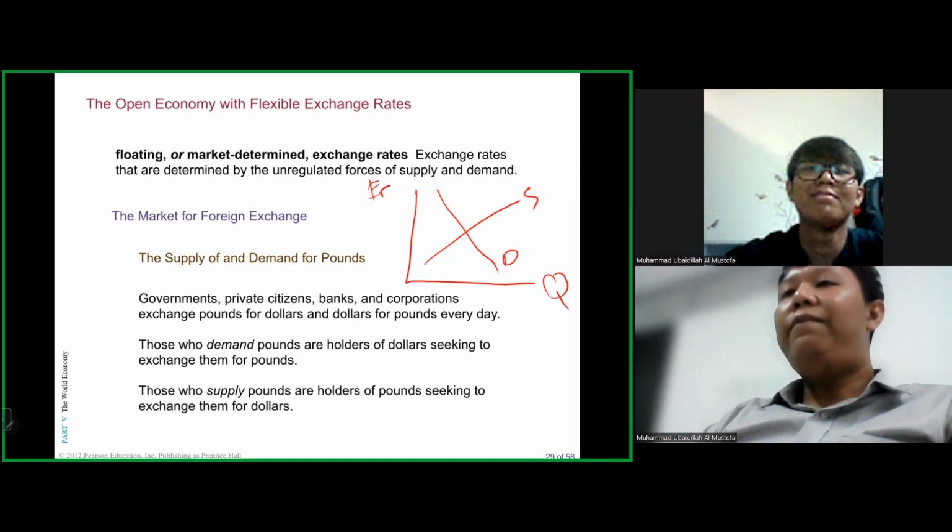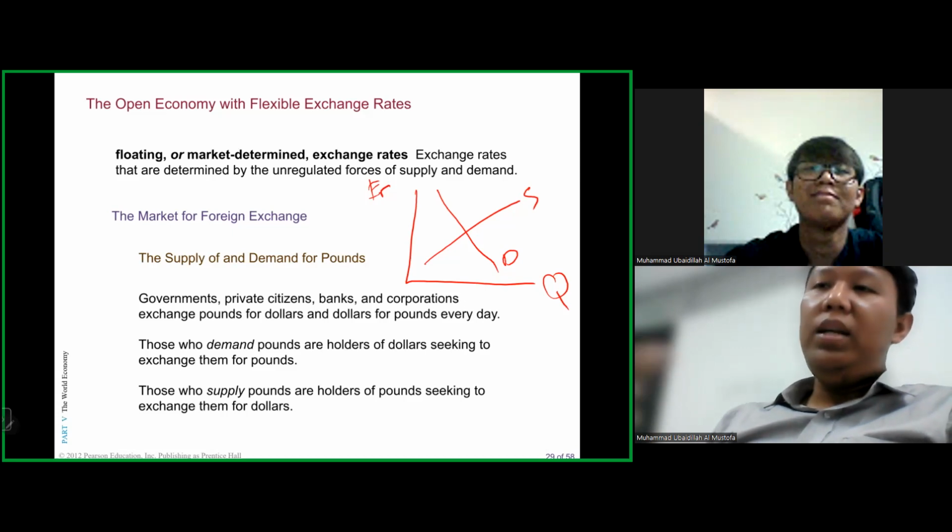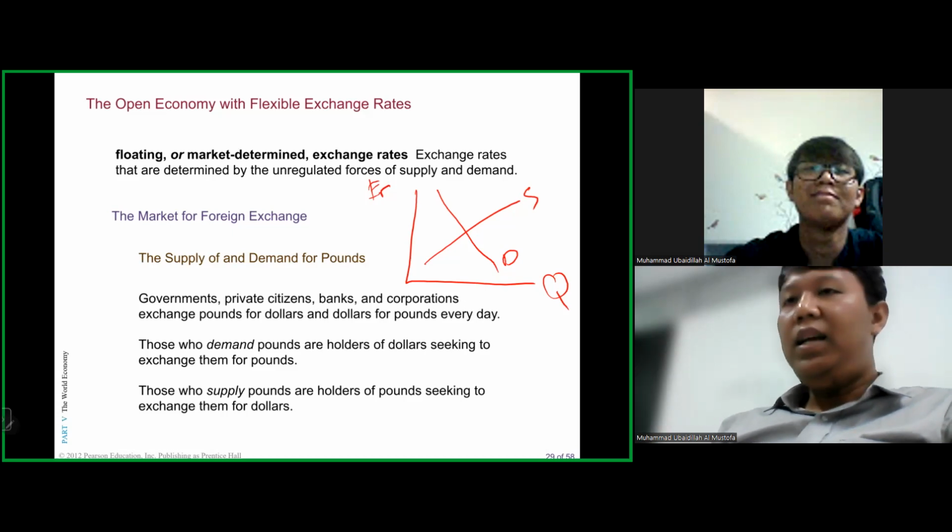So the government, private citizens, banks, corporations, they usually exchange local currency to foreign currency for daily use.